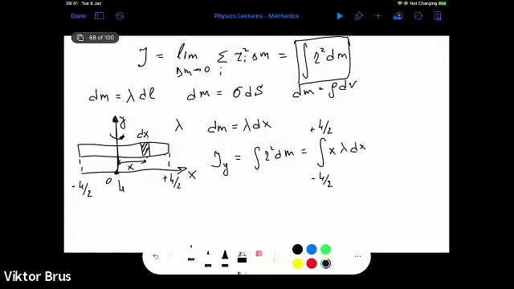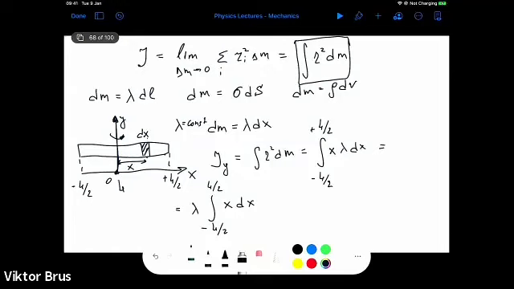Okay, so now we know that lambda is constant. We can take it out from the integral. Lambda, minus L divided by 2 to L divided by 2, x dx. Sorry, I made a mistake.